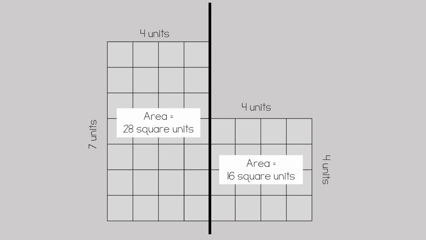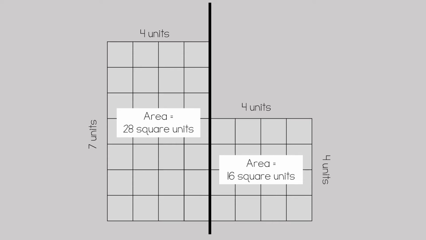Using the area formula, I will multiply 7 times 4, and that gets me to 28 square units within this rectangle. Next, I will find the area of the second rectangle. I see that the width is 4 units, and the length is also 4 units. Using the area formula, I will multiply 4 times 4, and that gets me to 16 square units.